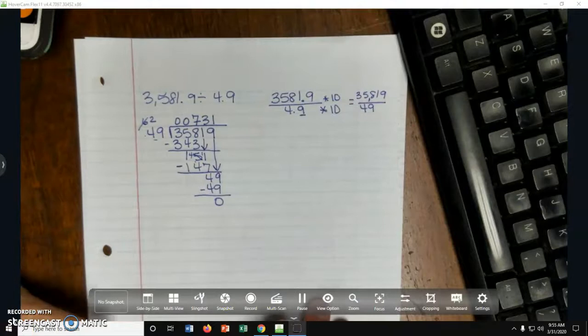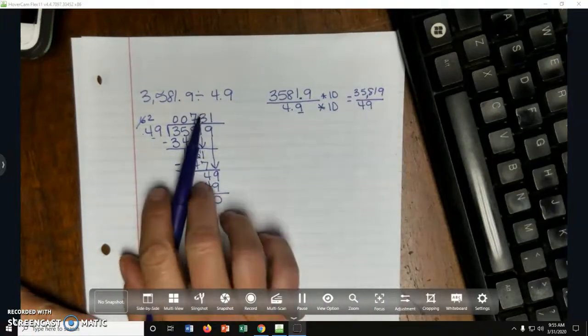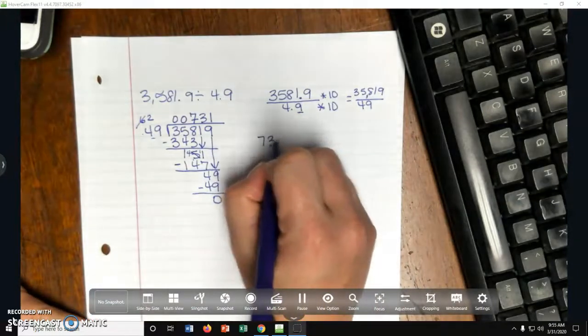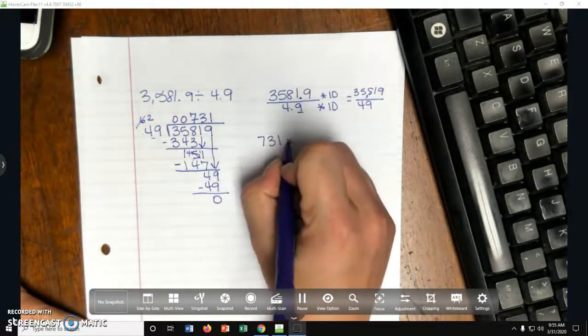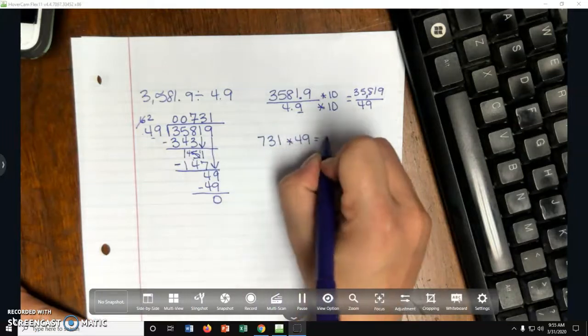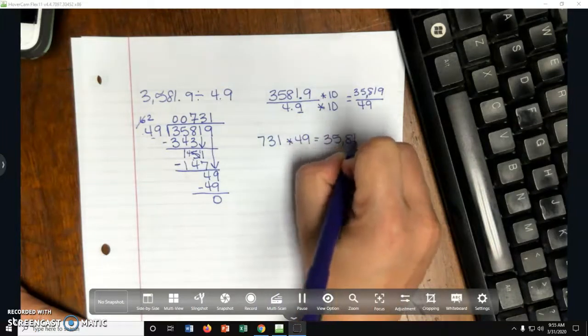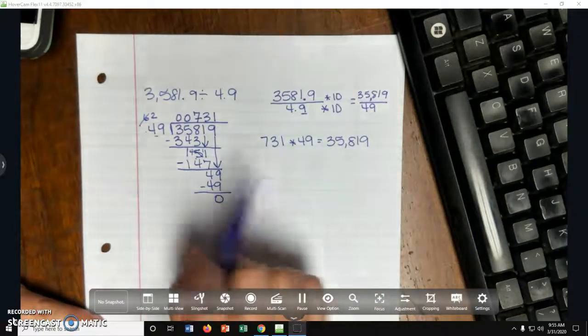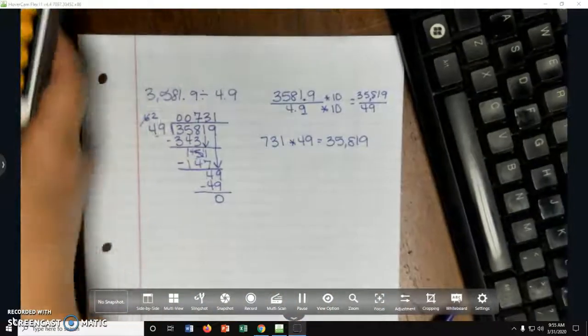Of course, as always, we could do a check on this. 731 times 49 had better get us back to 35,819. Just to remember, if we were to put this in a calculator, let's go ahead and do this.